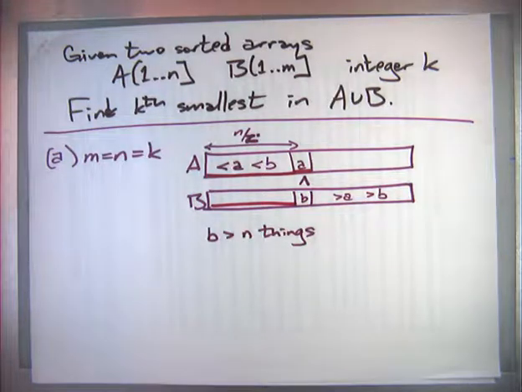So anything bigger than B is useless. Anything bigger than B is way too big to be the median. And symmetrically, anything smaller than A is way too small to be the median. Okay?